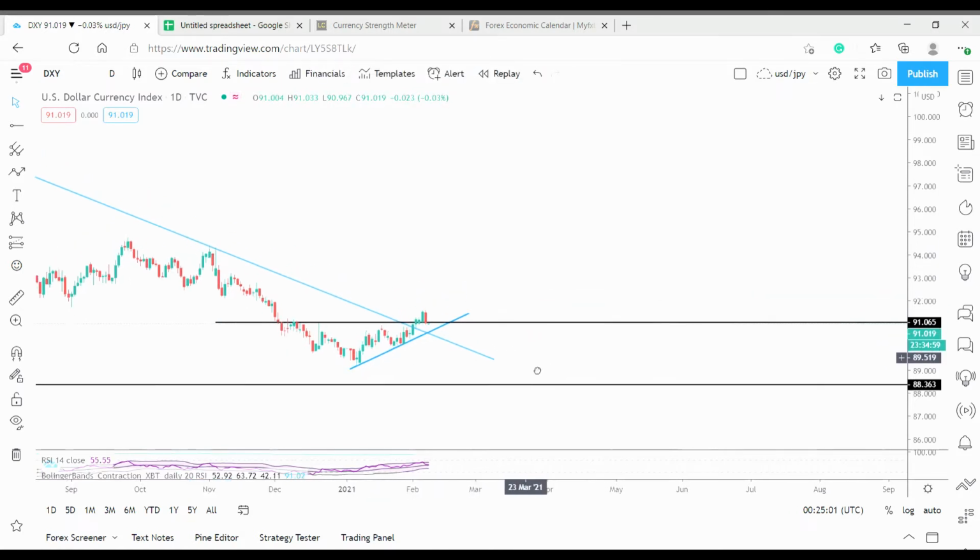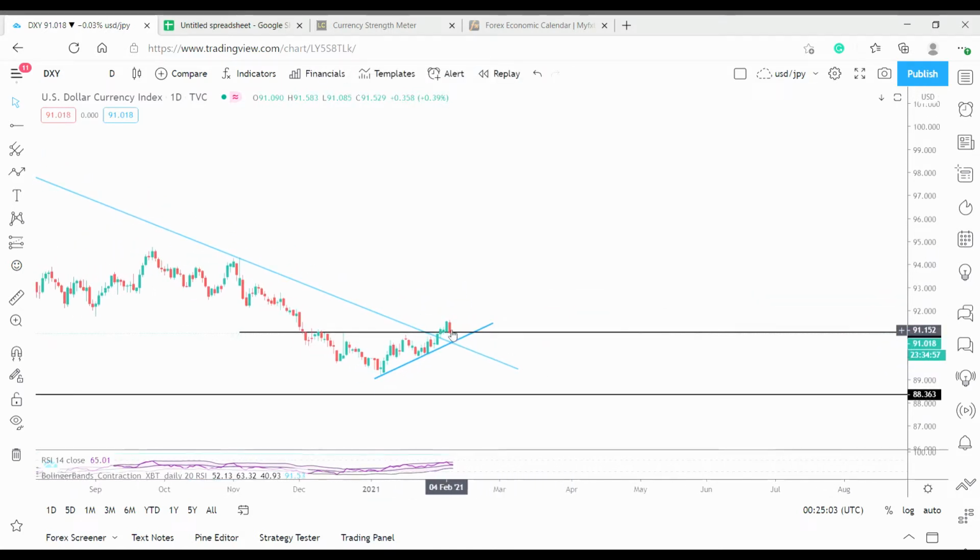It is also heading back towards the trend line or towards this key level over here. Will that be only a corrective structure before a bullish move, or will it break under this resistance line and keep on a down move?